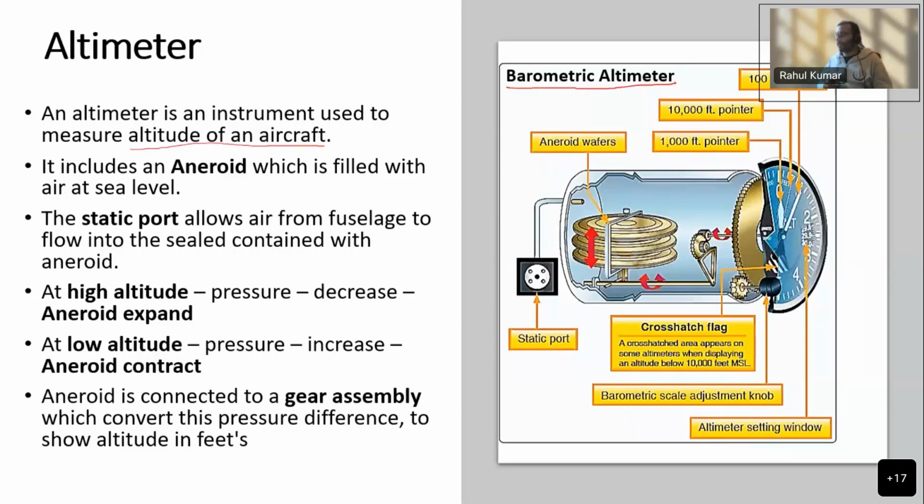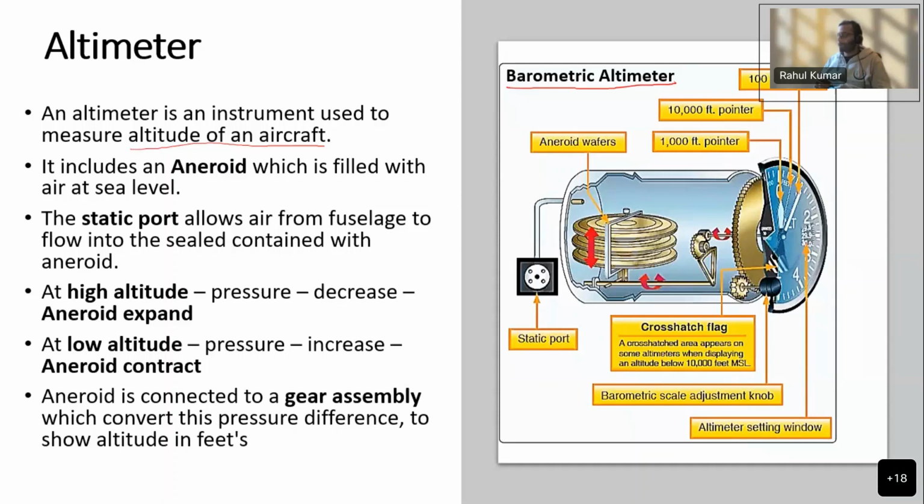So this barometric altimeter measures the pressure difference at different altitudes to calculate the height of the aircraft.